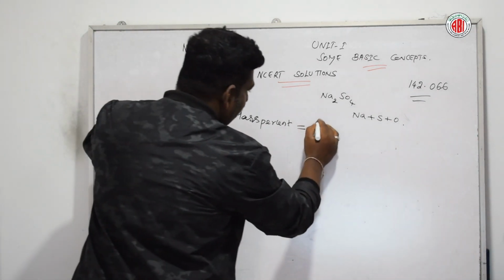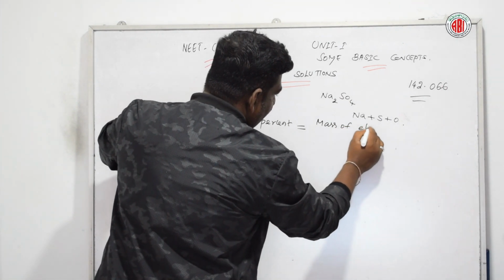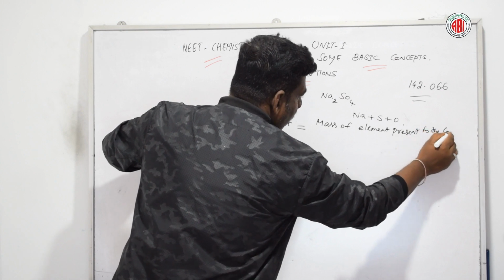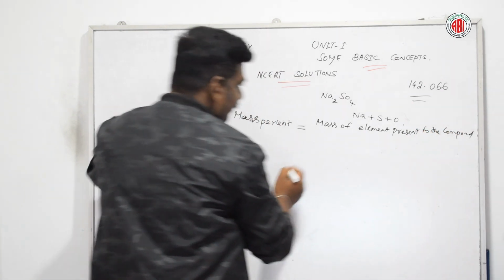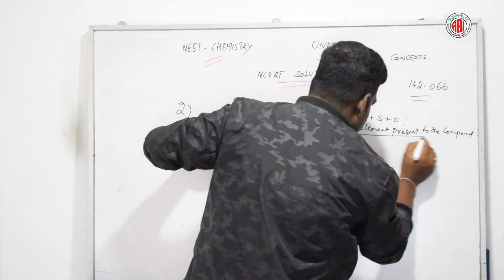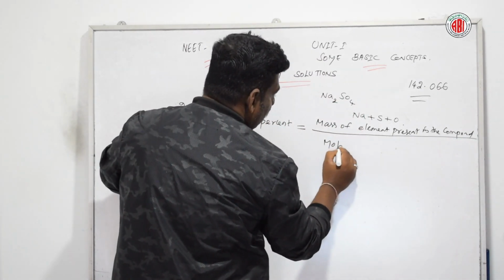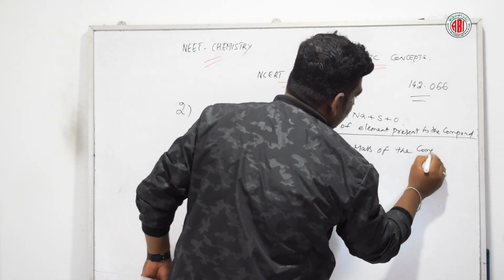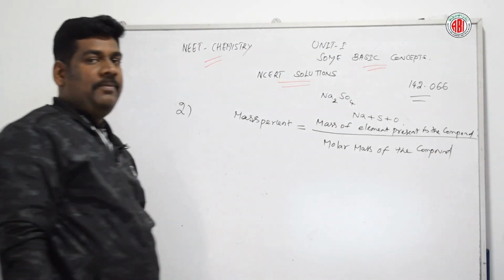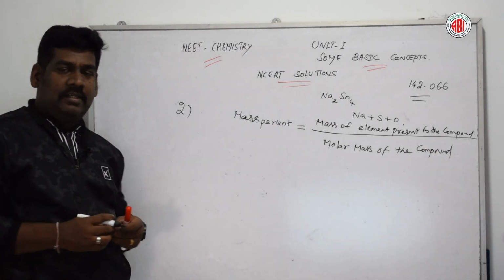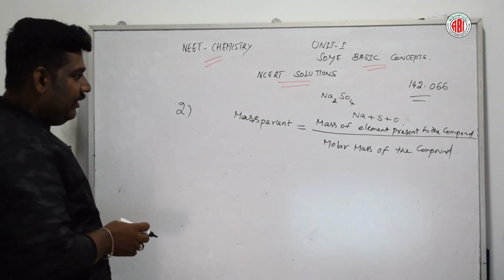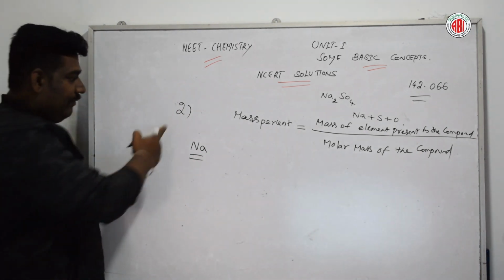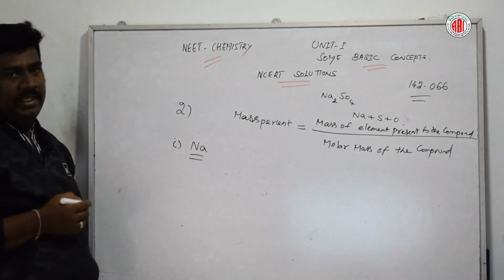Mass of the element present in the compound divided by the molar mass of the compound. Molar mass is nothing but the overall mass of the given compound. First let us find it for sodium, Na. From the second question, first we are going to find Na, sodium.